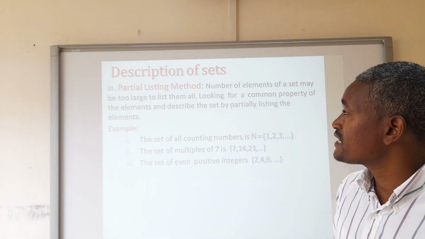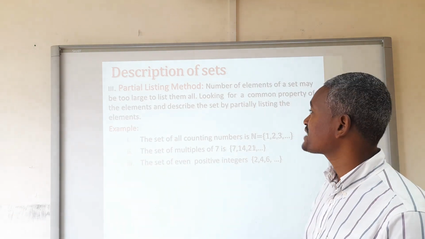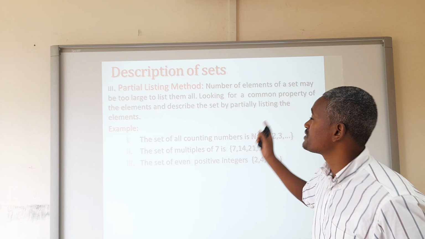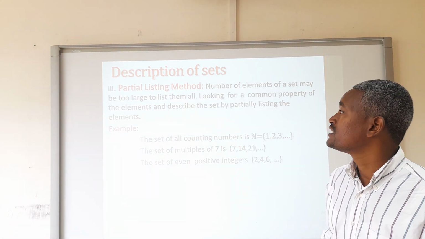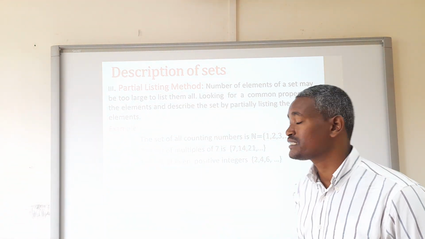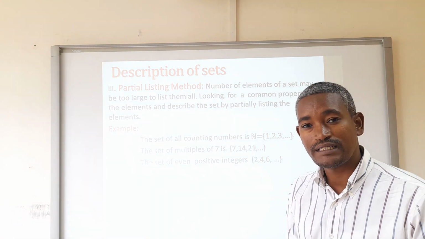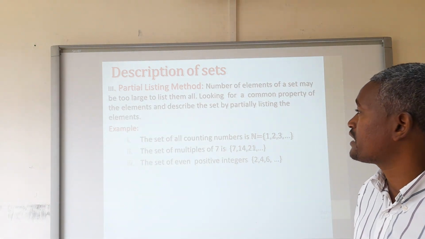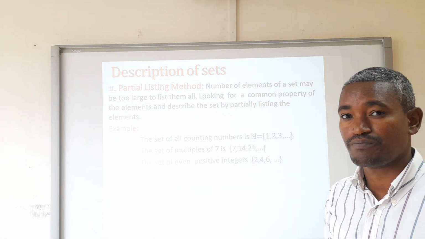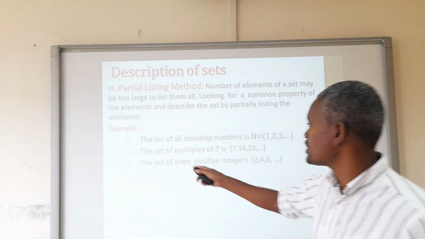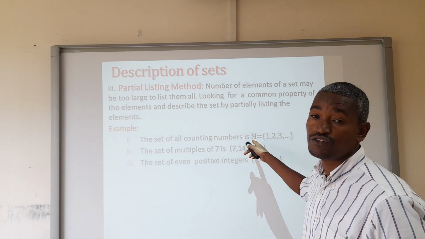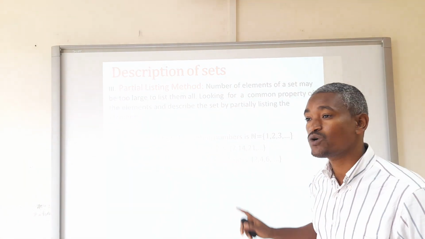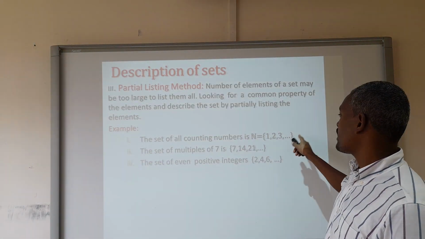The third way of describing a set is the partial listing method, used when the number of elements in a set is too large to list them all, so we look for a common property and then list some of the elements partially. For instance, the set of all counting numbers, which is the set of natural numbers, is 1, 2, 3, and then you write three dots in the curly braces.